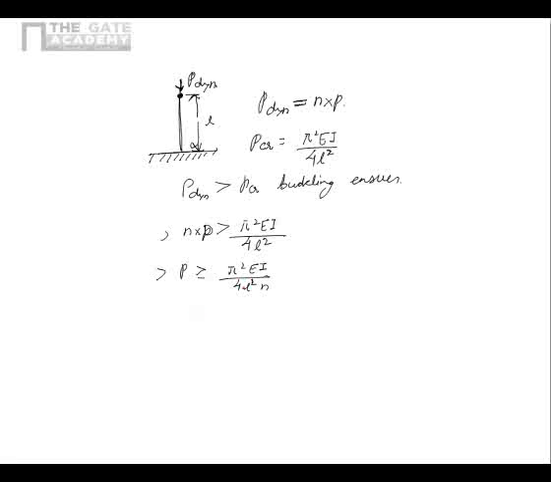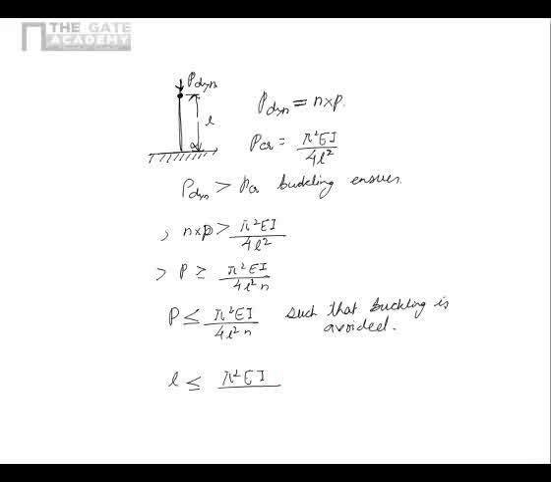The important thing is that if we do not want the structure to buckle, then we have to make sure that P is less than or equal to pi square EI upon 4L square N, such that buckling is avoided. So L must be less than or equal to pi by 2 square root of N, square root of EI upon P.